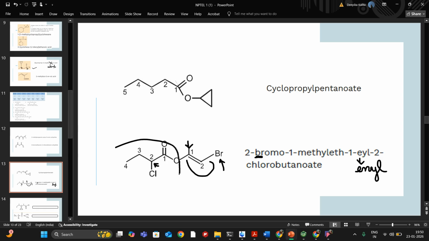This parent chain will be a butanoate. So it will be 2-bromo-1-methyleth-1-enyl 2-chlorobutanoate. I hope this is clear to you.